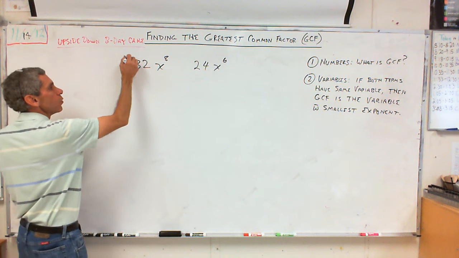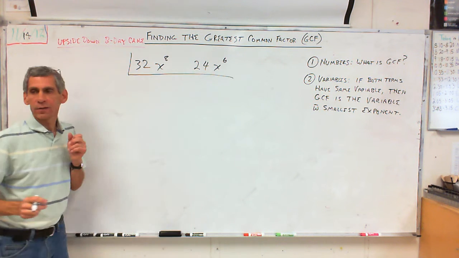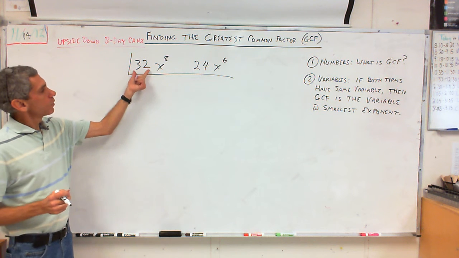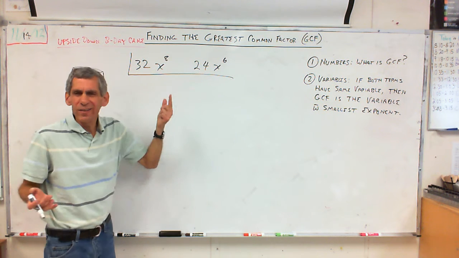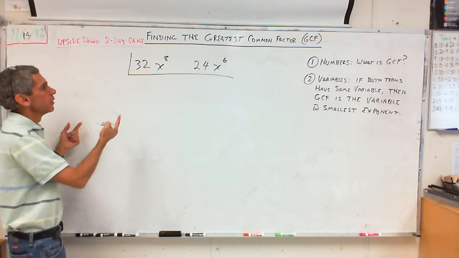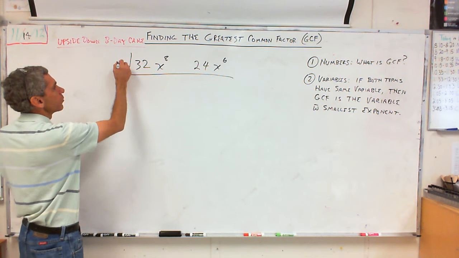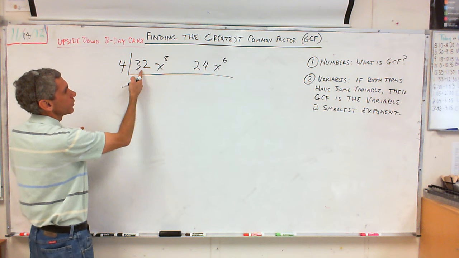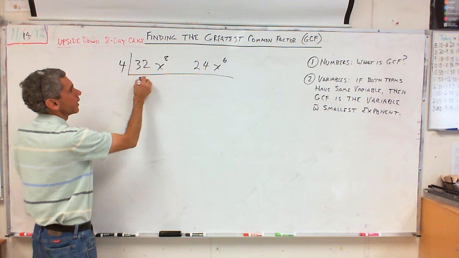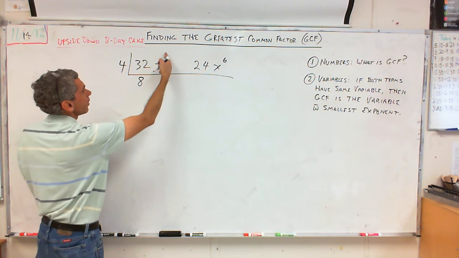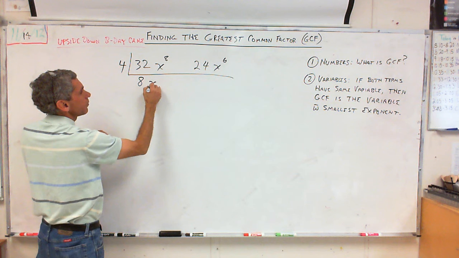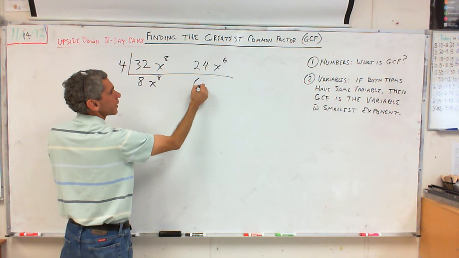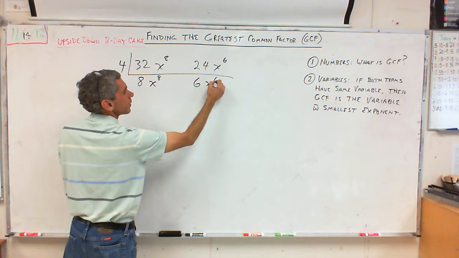What is my greatest common factor of the numbers only? 32 and 24. What is a factor? 4. So I know 4 goes into both of those, right? 4 times what is 32? 4 times 8. I haven't touched the x, so I'm going to have to keep that coming down. 4 times what is 24? 4 times 6. I'm going to have to keep my x to the 6th.